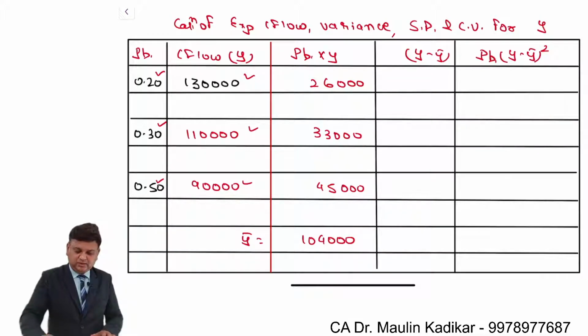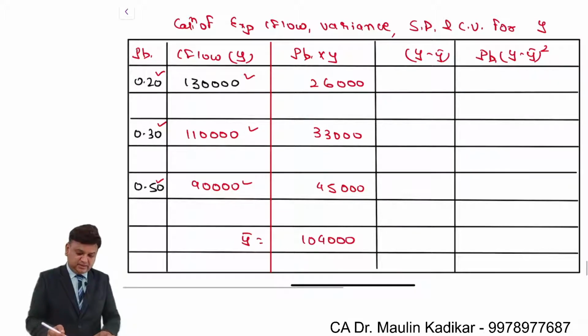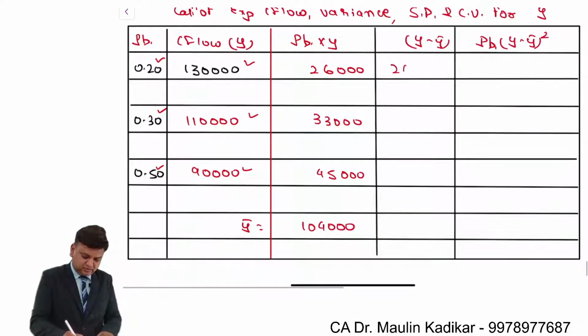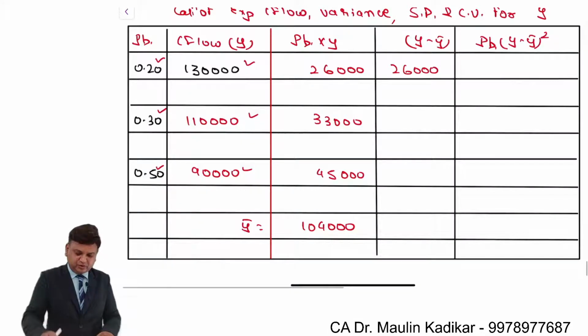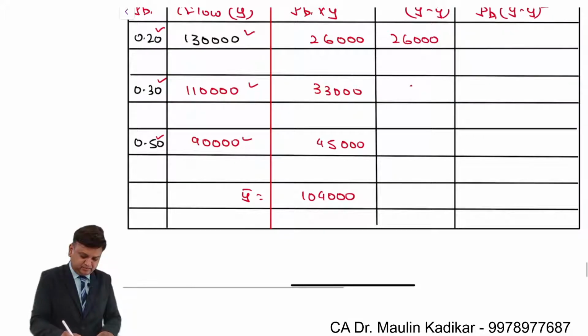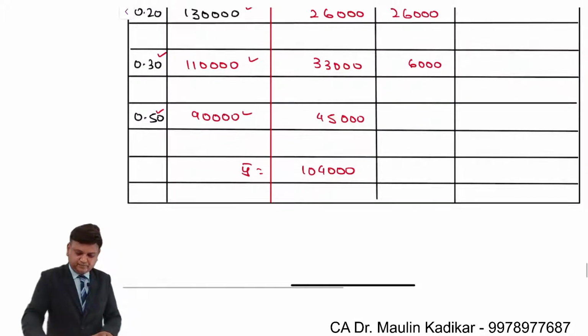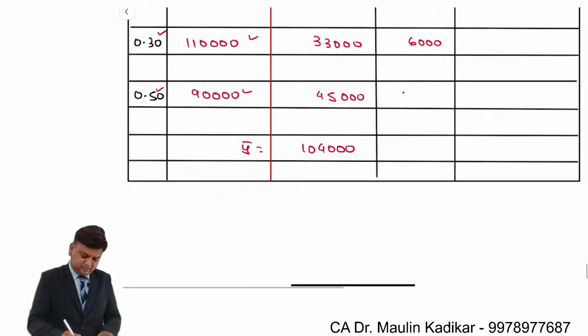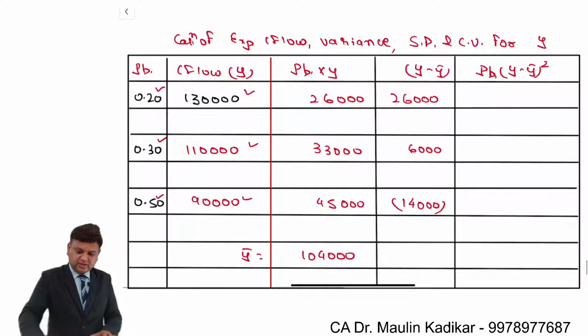So now Y minus Y bar, it comes to 26,000, 1,30,000 minus 1,04,000. Next it is 6,000. And for the last one it is 14,000 negative. Square of 26,000 into 0.20 divided by 10 lakhs to get the answer in million term.